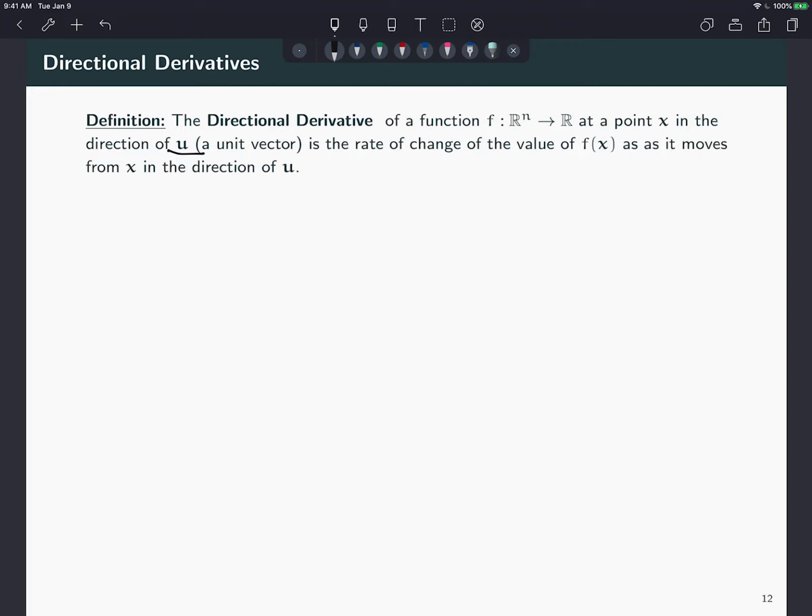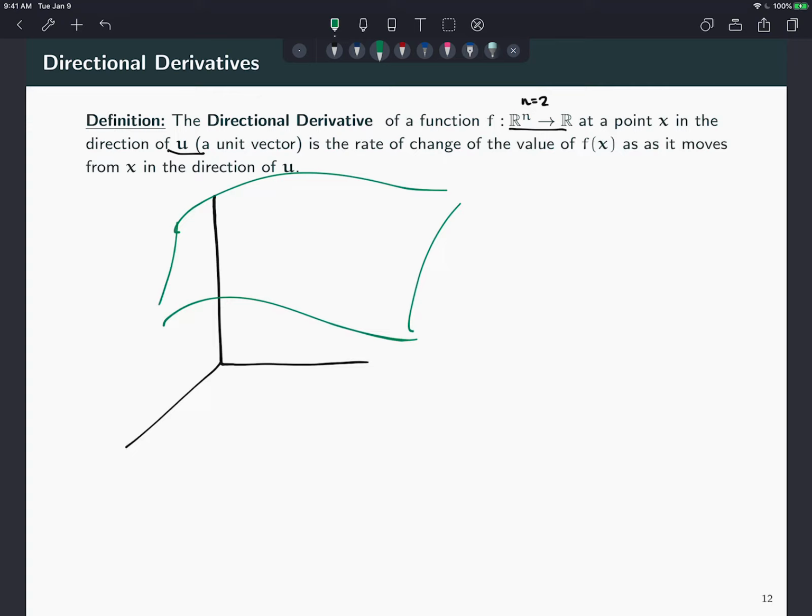So what we're talking about is a function from R n into R. So pretend in my example n is 2. So this is my domain, my xy-plane down here. And my output is this z-axis. And we visualize this like having a surface up here on top of my domain, and I'm going to grab a point x.